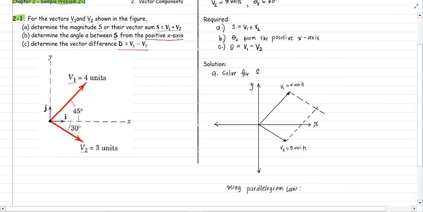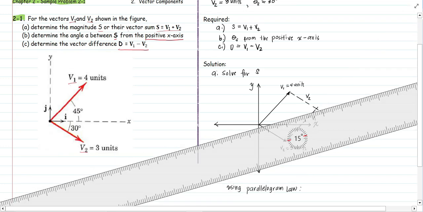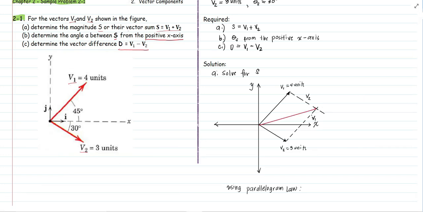Let us remember that the magnitude and direction of the opposite side of each vector is the magnitude and direction of each vector itself. Meaning to say that this is v1, and this is also v2. The resultant vector is the line from the point of intersection of the two vectors crossing the parallelogram, dividing it into half. Let us label this as s.